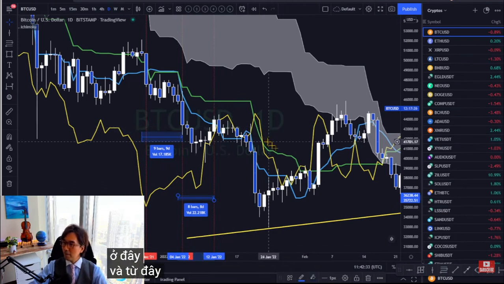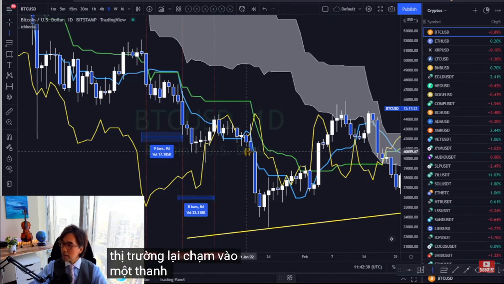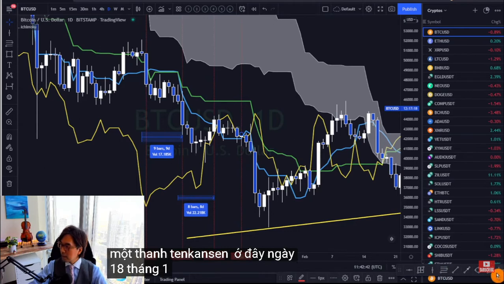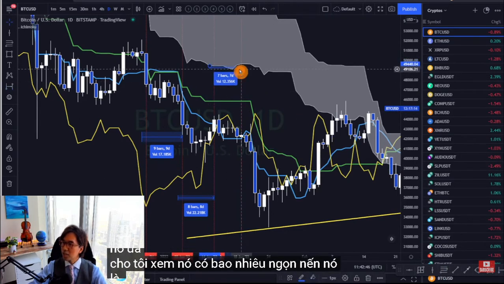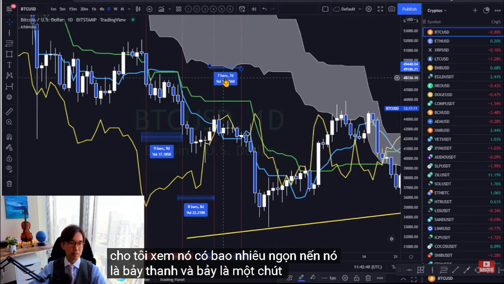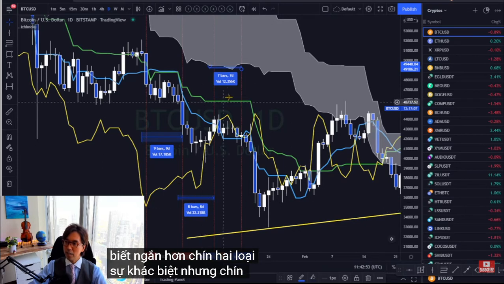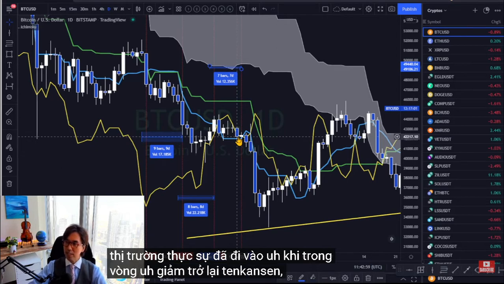And from here, the market again touched Tenkan-sen over here, on the 18th of January, and it was 7 bars. And 7 is a bit shorter than 9, 2 candles difference, but 9, 8, and 7, the market went within the retrace back to Tenkan-sen.